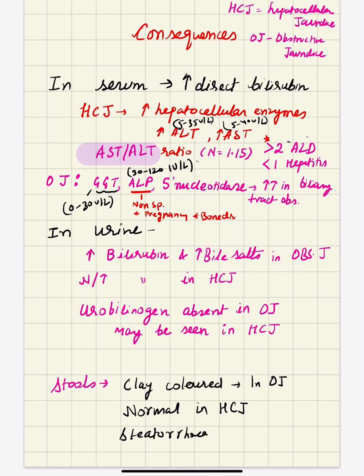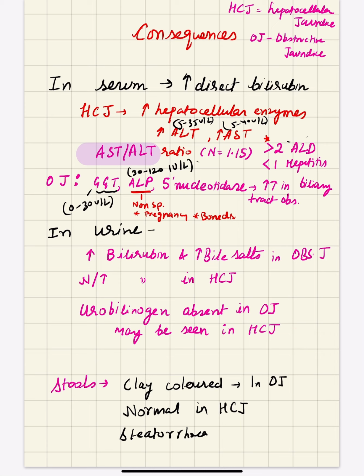Now in the urine, if the case is that of obstruction to the flow of bile, there will be no urobilinogen and no stercobilinogen.